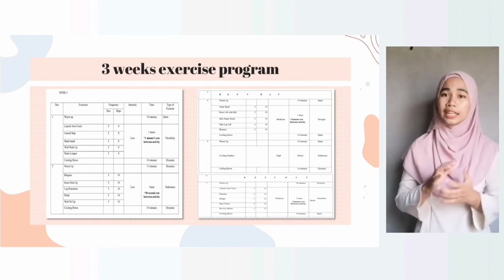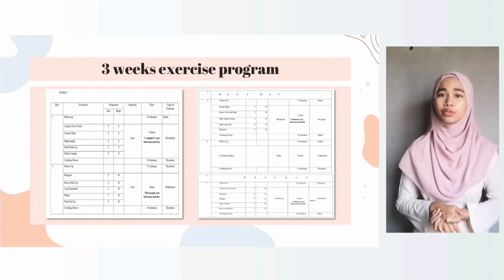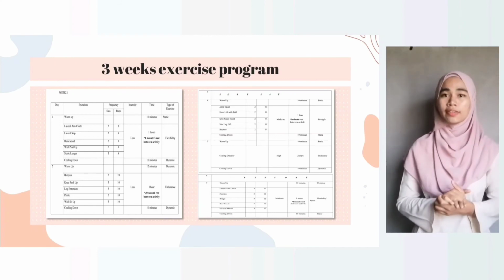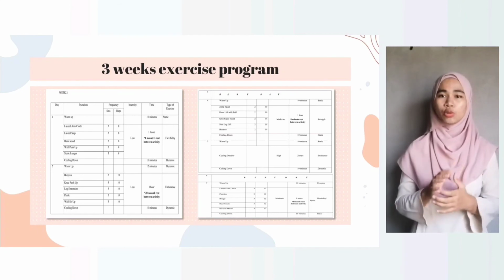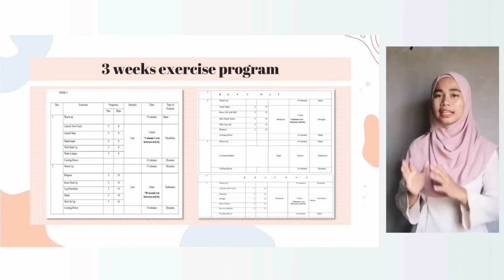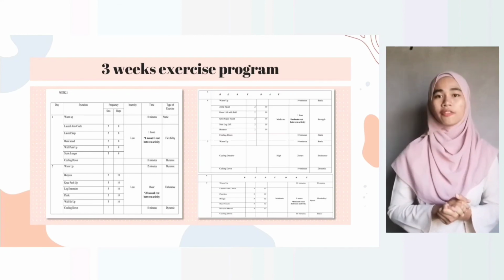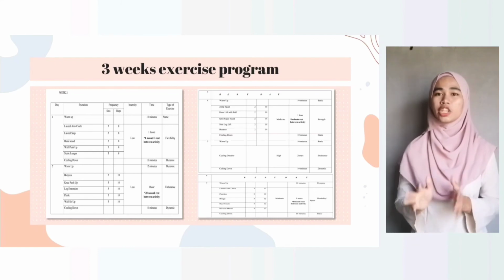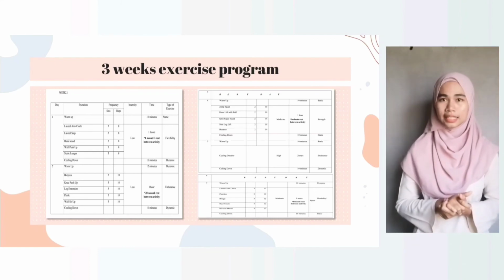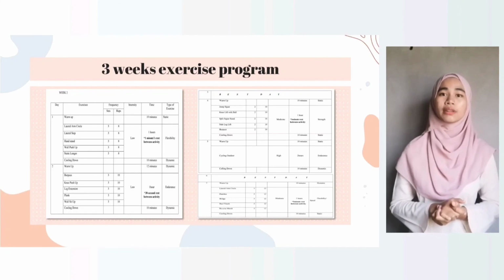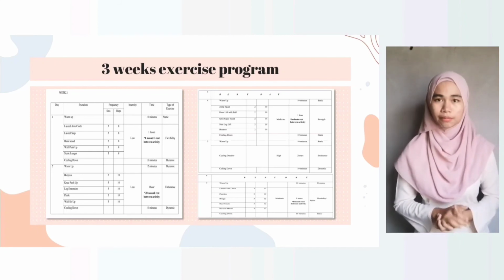So for day 4, we do jump squat, knee lift with ball, split squat stand, side leg lift, and burpee. The frequency is 2 sets, 10 repetitions with moderate intensity in 1 hour's duration, and 1 minute rest between activities.